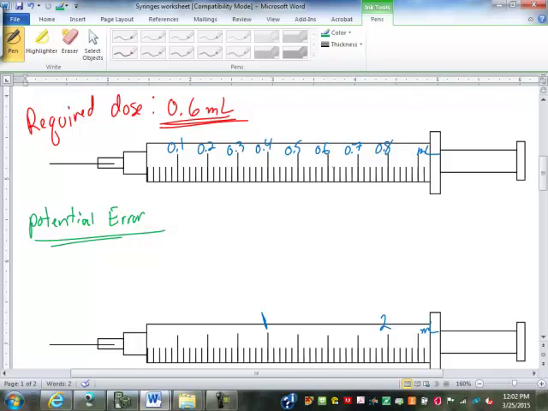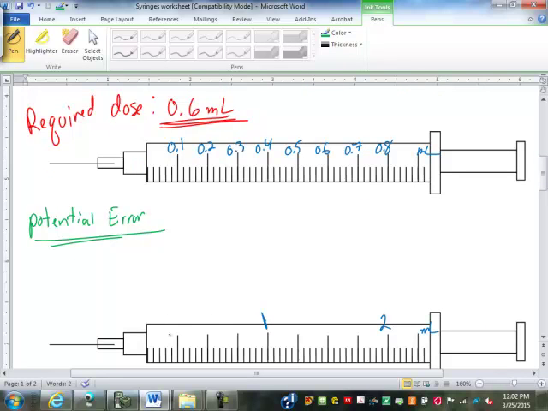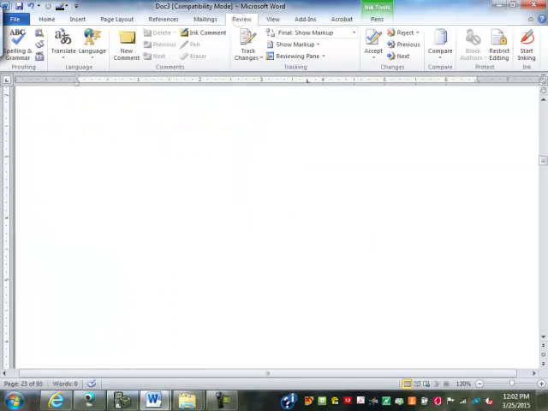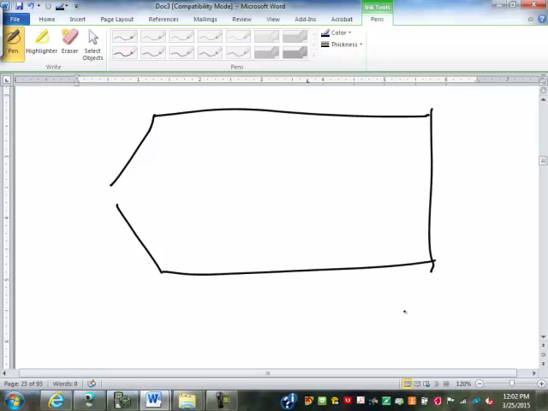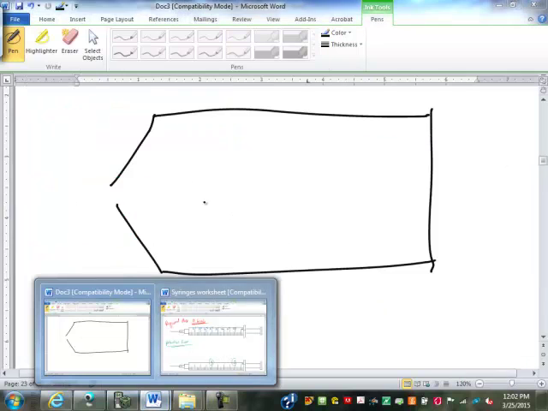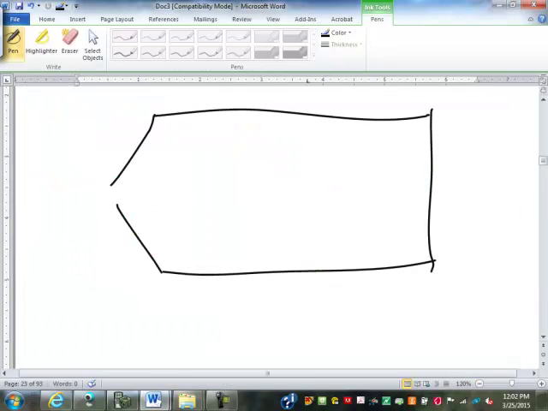Now the difference between these two syringes is the one here that gets to a larger volume faster is generally a wider, a fatter syringe. So that syringe probably looks more like this. Whereas the one that has the smaller numbers or doesn't get up to as large of a total volume is most likely a thinner syringe.